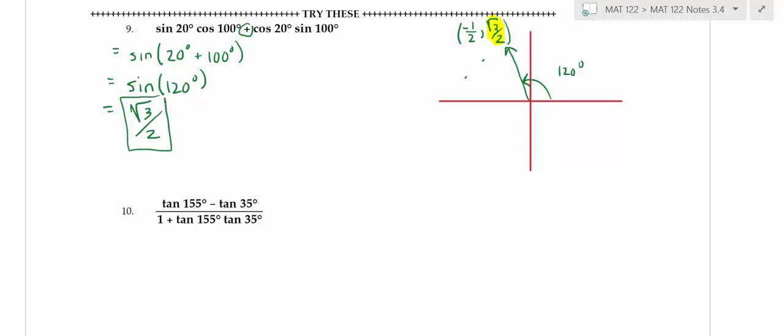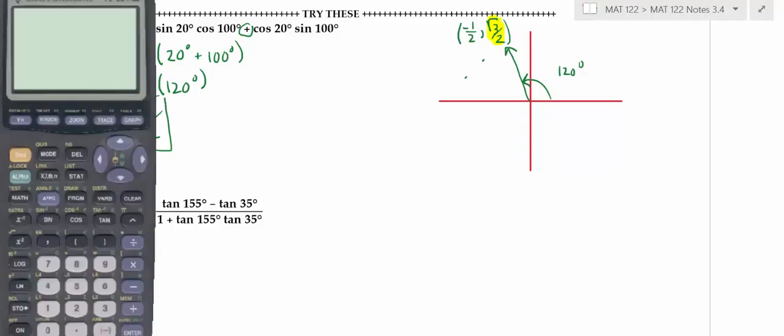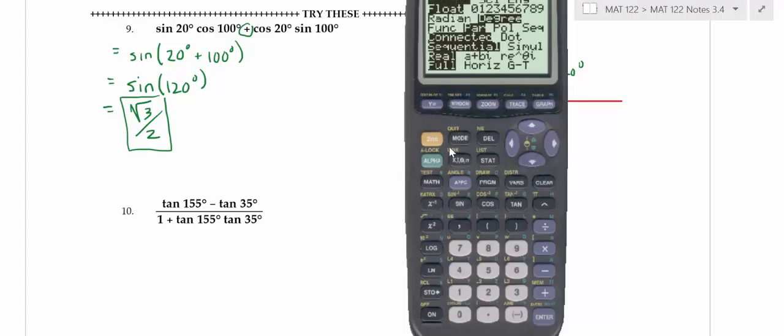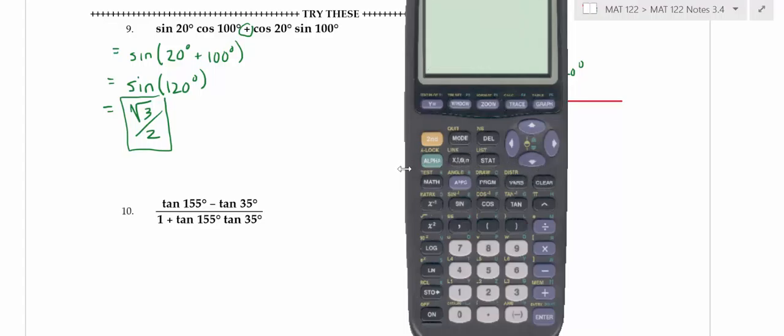Okay, all right. I do want to show something really quickly on the calculator. It's not all that necessary to check on here, but it's a worthwhile thing to do just one time. If you took the original problem, which says sine of 20 degrees times cosine of 100 degrees plus cosine of 20 degrees times sine of 100 degrees, and you're in degree mode, that gives this.